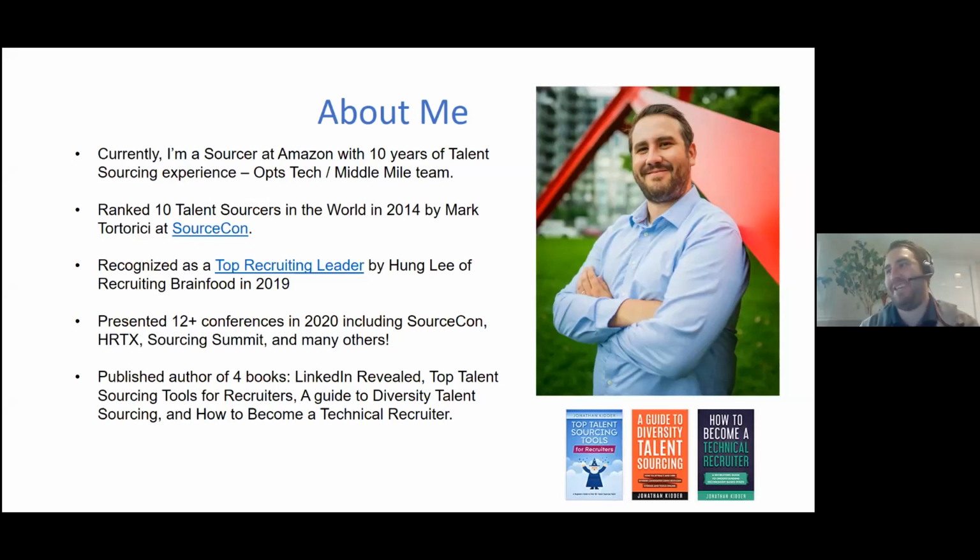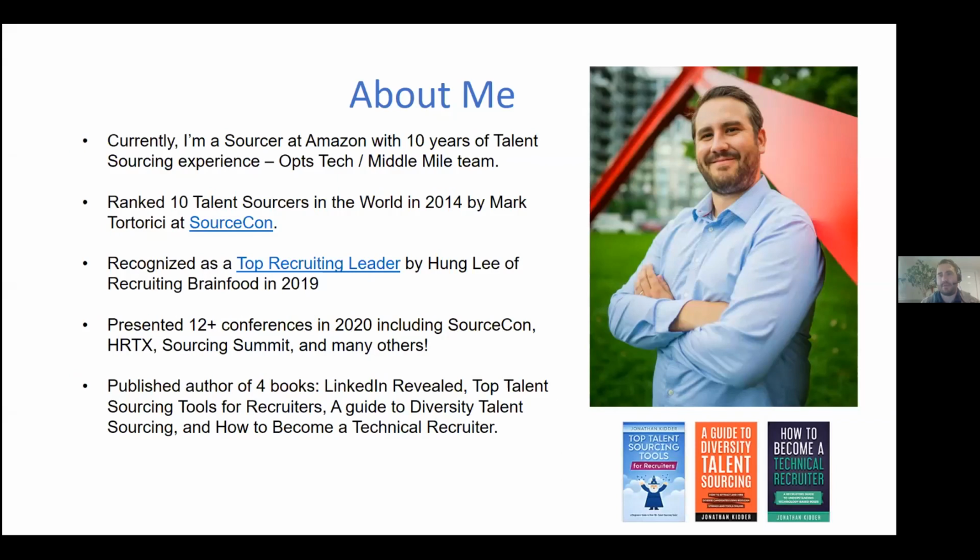On top of that, I've written and published 4 recruiting books. The main one I'm known for is Top Talent Sourcing Tools for Recruiters. That's a really great book if you want to learn more about sourcing tools and tricks. Today I'm going to focus on my diversity book, A Guide to Diversity Talent Sourcing.